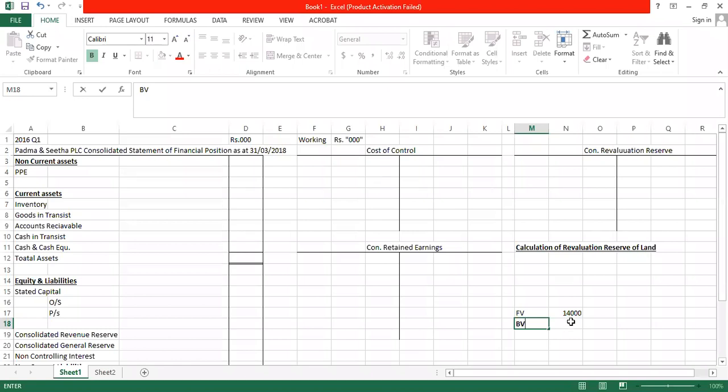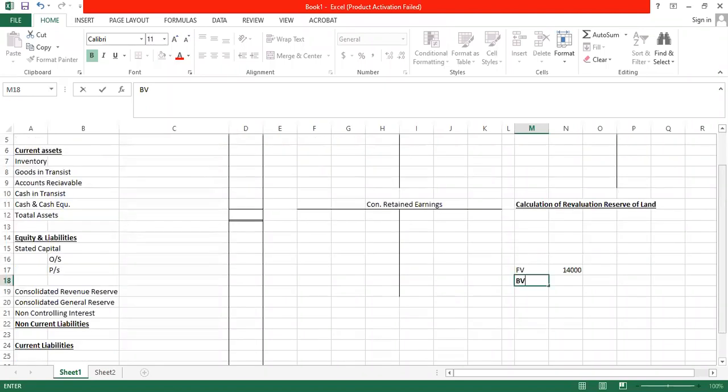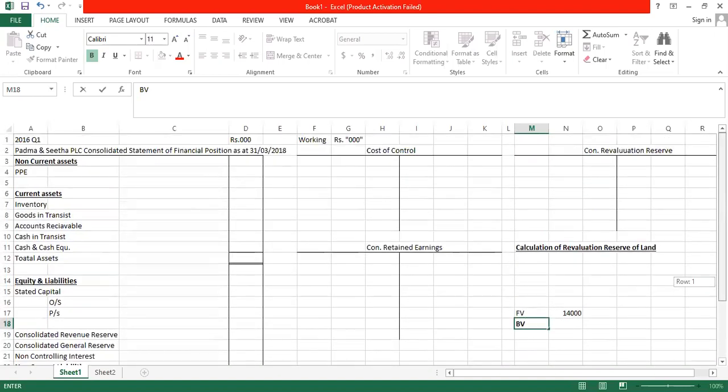We have to find what is the book value of net assets of the subsidiary company. So go to your given balance sheets, and I will explain what net assets are and how to get the net assets. I already explained this one, right? How to get the net assets.